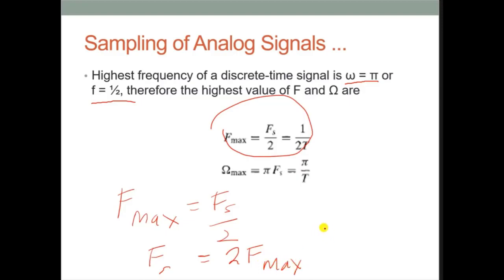What does this tell you? This tells you that the sampling frequency must be 2 times the maximum frequency.